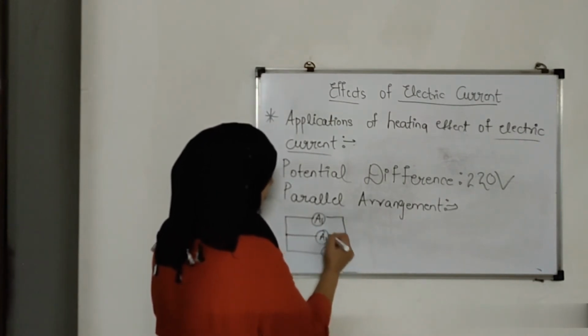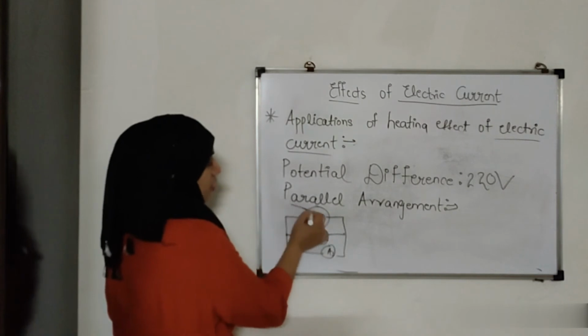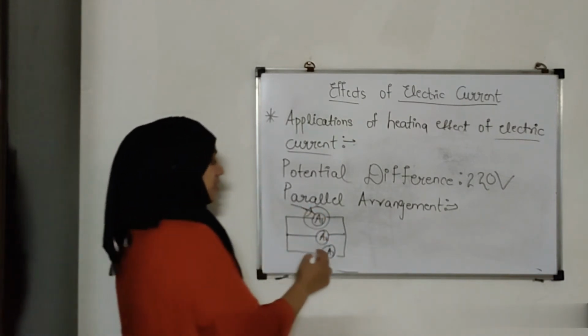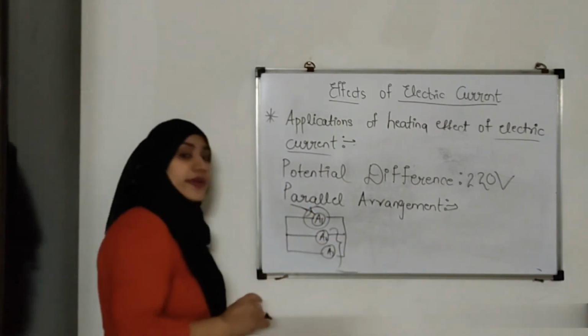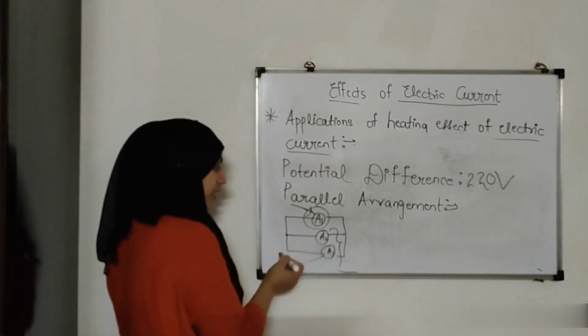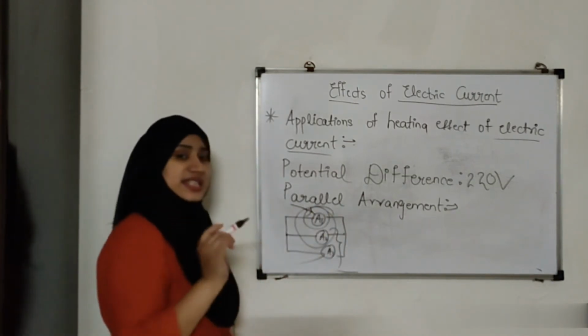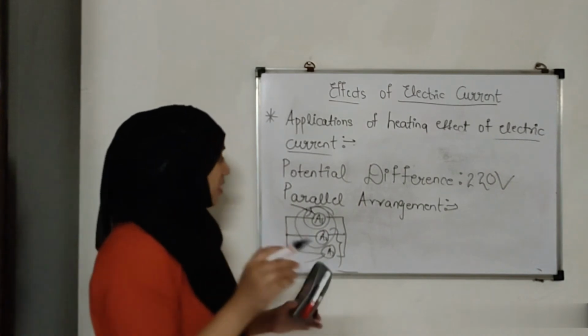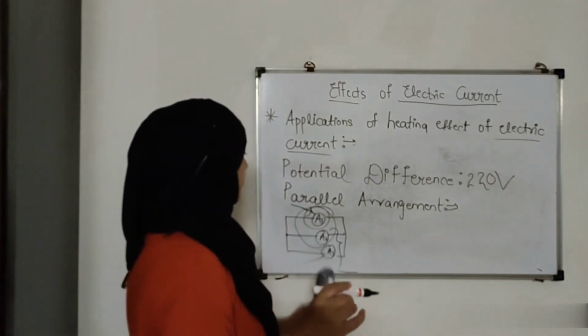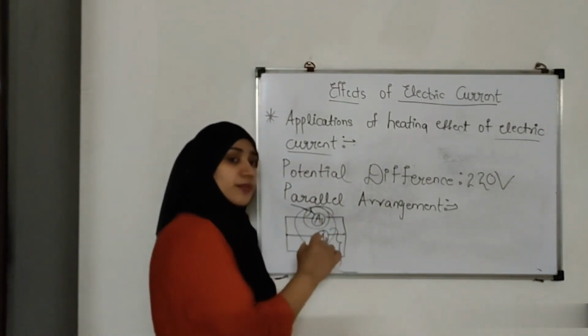If this is not working, it doesn't matter, these both would still be working. Or if I remove this one, it doesn't matter, these two would still be working. So that's the reason they arrange electric appliances in parallel most of the time.